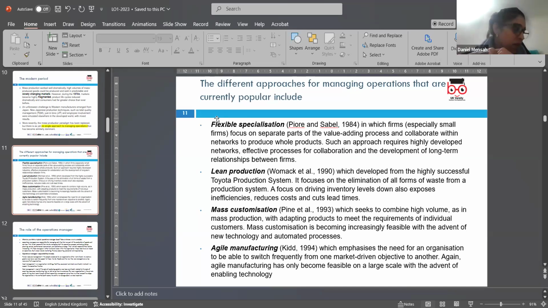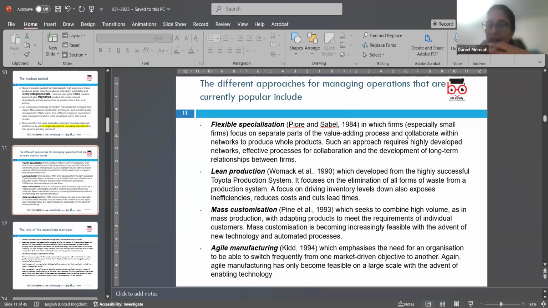Let's say one company is producing the fabric, another is doing the sewing job and making the clothing ready, and the third firm is just marketing and selling under the brand name. So all these three companies are working closely with each other. Each company works separately and they add value to the process collaboratively.